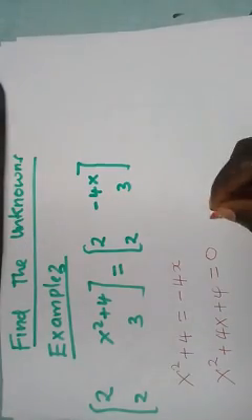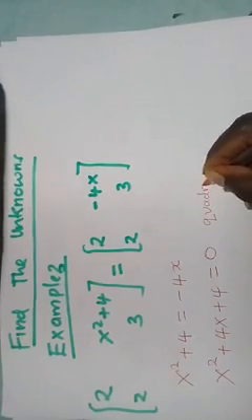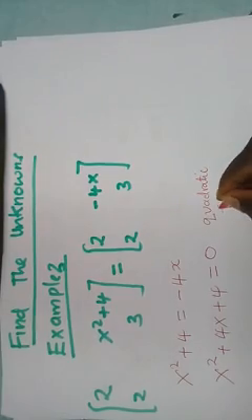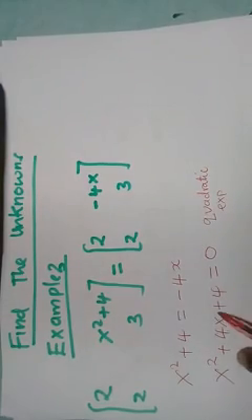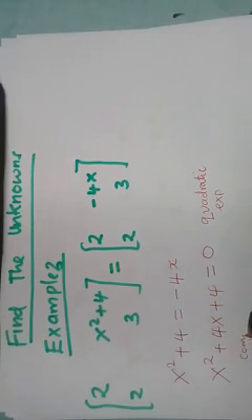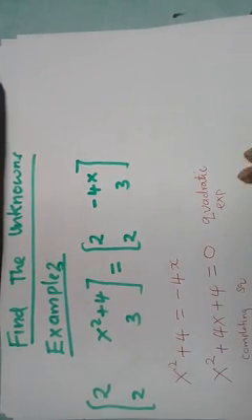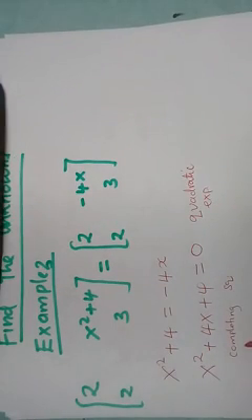As you can see, students of Form 3, this is a quadratic expression that can be simplified by the methods that we did previously, the completing square method. You can also use the quadratic formula or the factorization method and be able to determine the roots of x.